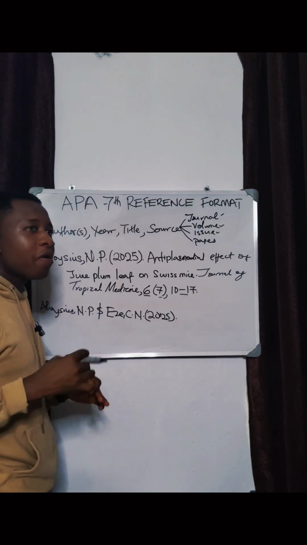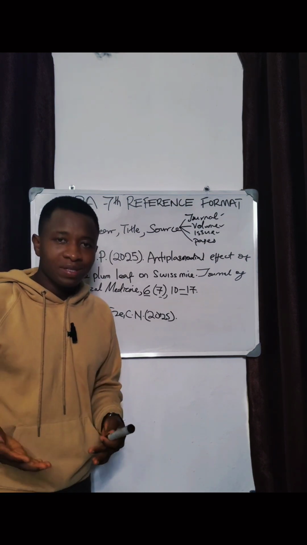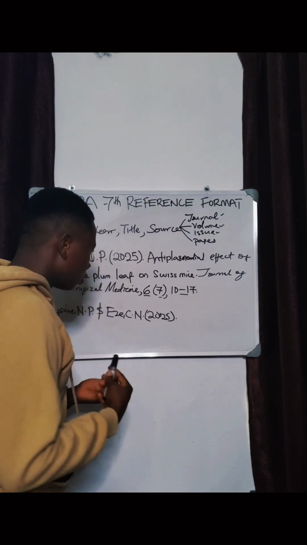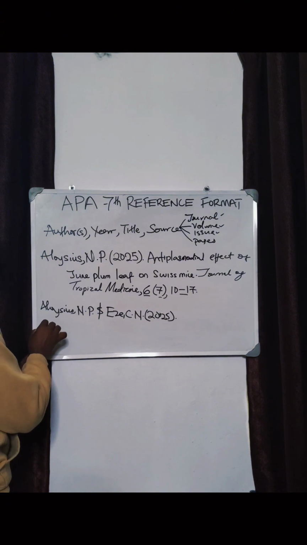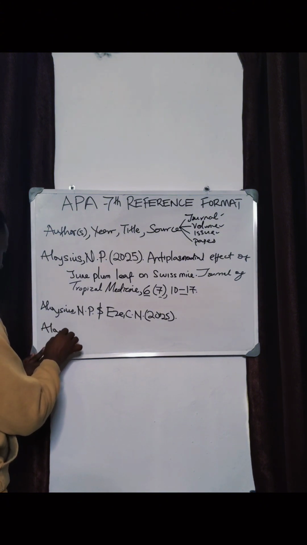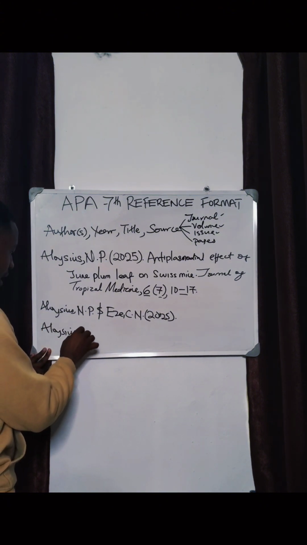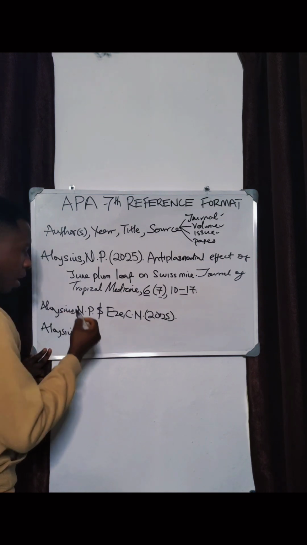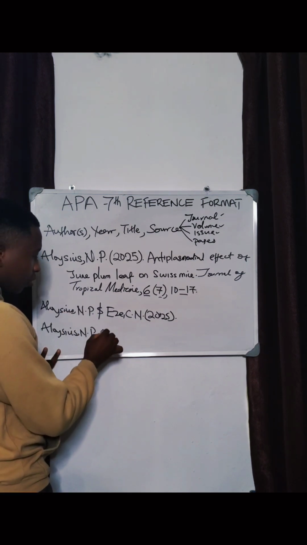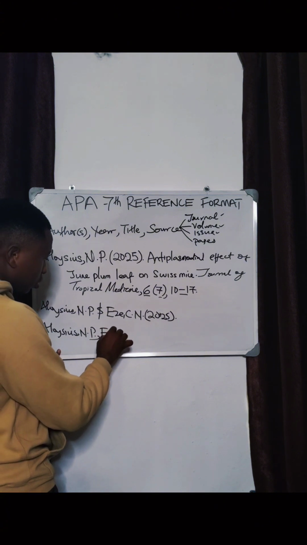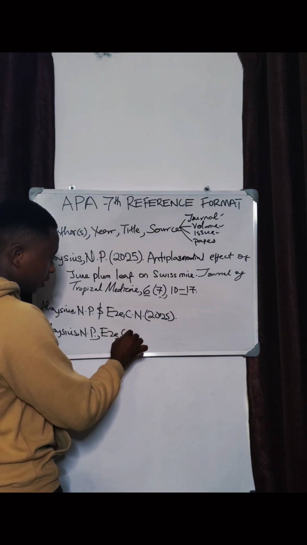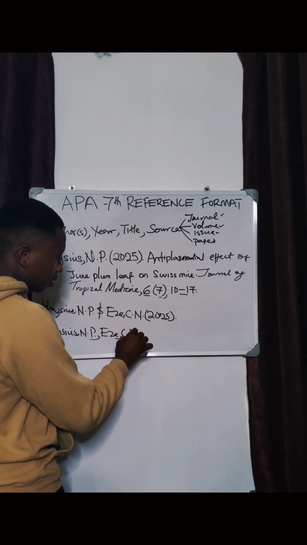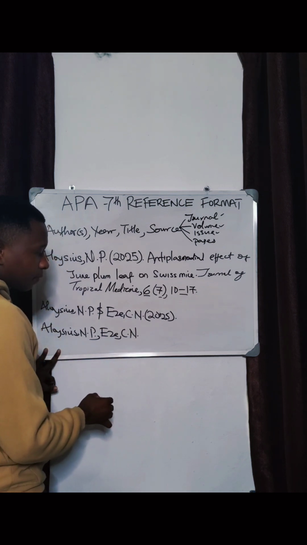Okay, so if you are referencing for more than 2 persons, that's for 3 authors, this is what you're going to do. So Aloysius, comma, N.P., full stop, comma, before the second author is a comma, C.N., full stop.